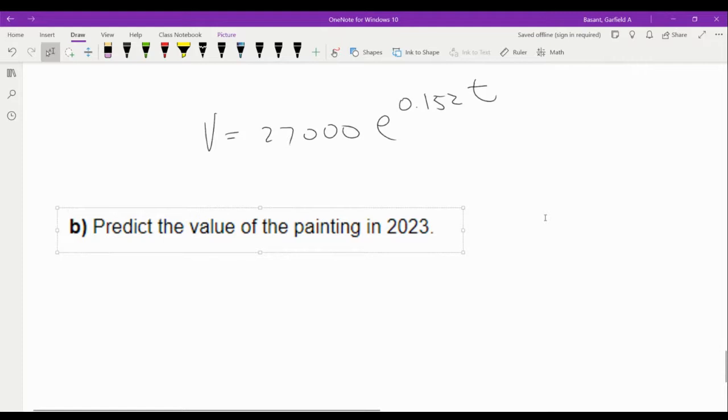So how do we do that? How do we predict the value of the painting in 2023? Find the t value. What is the t here?